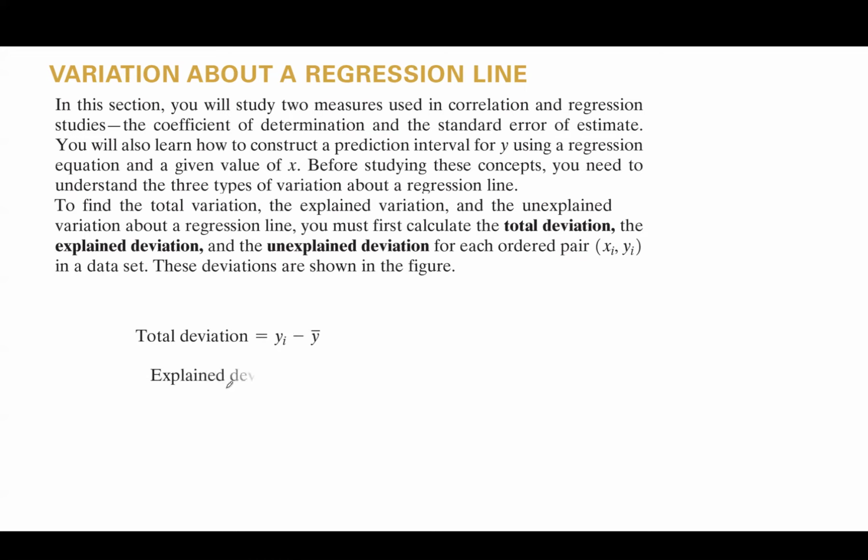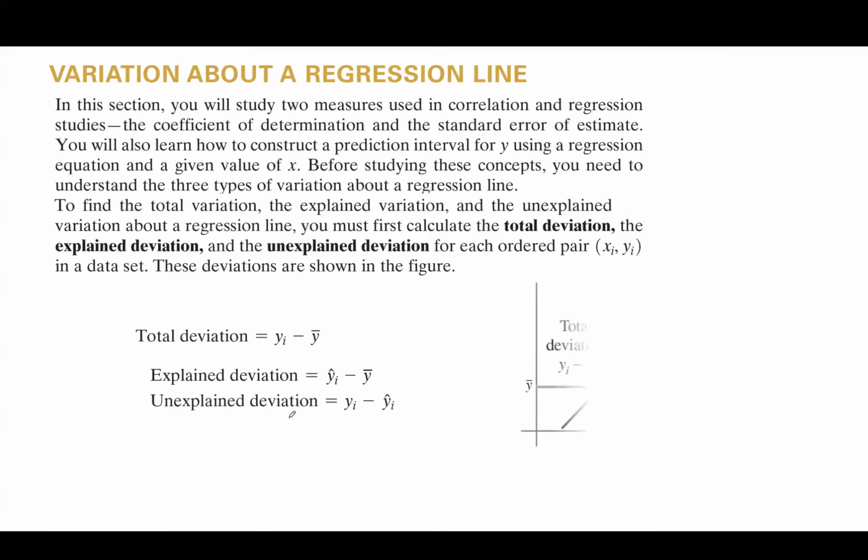The explained deviation is defined as the predicted y value minus the average y. And unexplained deviation is the difference between the actual y value and the predicted y value. So these are the basic definitions of total deviation, explained deviation, and unexplained deviation.